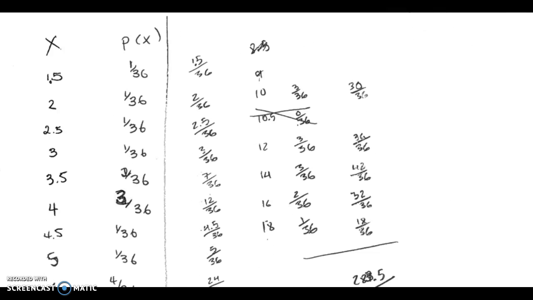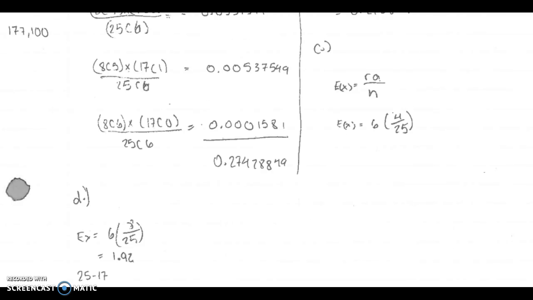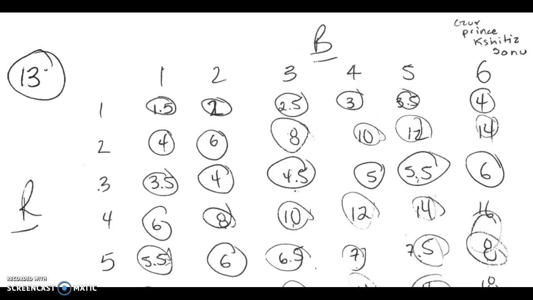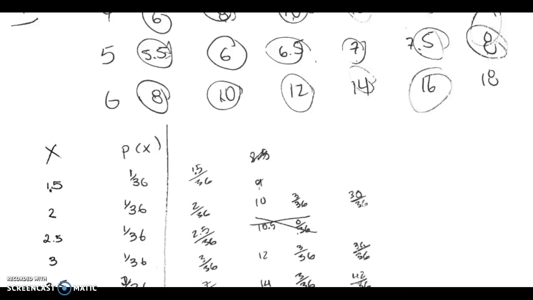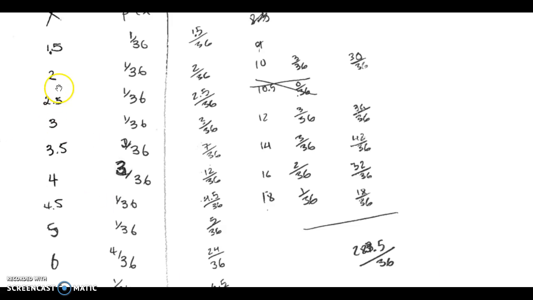So if you look at the table that was being generated, 1.5, you get that as 1 out of 36. 2, 1 out of 36. 2.5, 1 out of 36. 3, 1 out of 36.